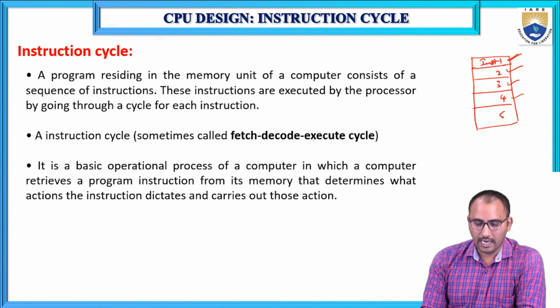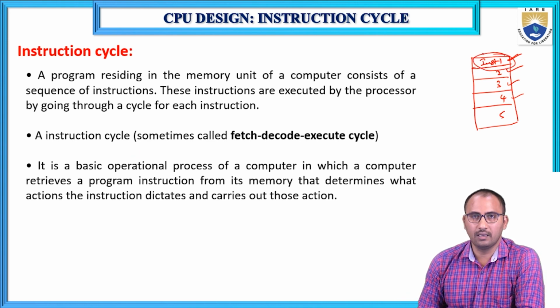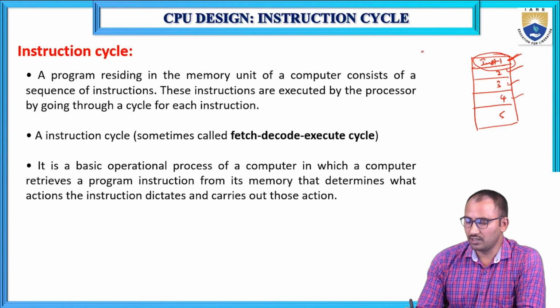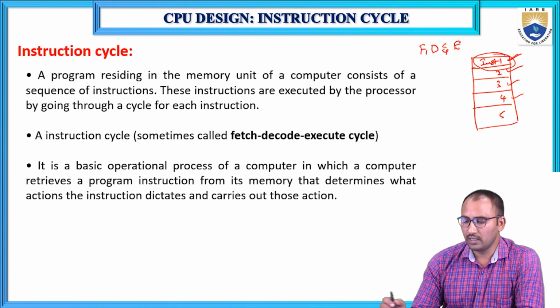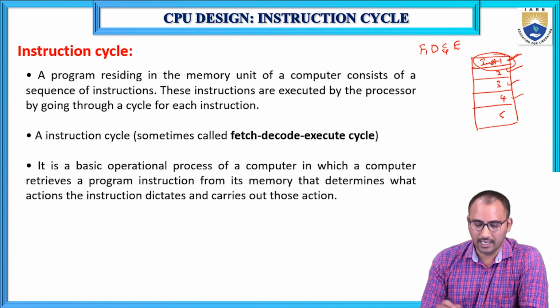Now, the instruction cycle. Every instruction undergoes a cycle. That means every instruction has to go through instruction fetching, instruction decoding, and instruction executing. This entire cycle is called the instruction cycle.